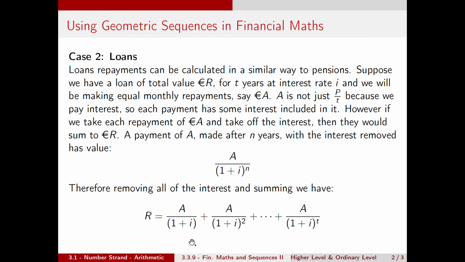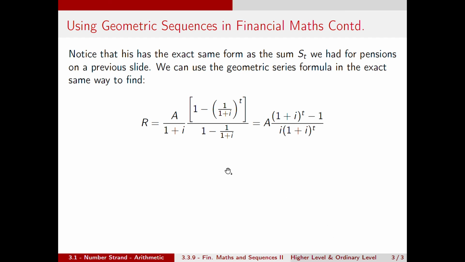So the first term, or small a, if we remember from our sequences and series videos, the first term here is A all over 1 plus I. This larger fraction we have on the top line is 1 minus 1 all over 1 plus I, all to the power of T. So this is our common ratio r raised to the power of n, which in our case n is equal to T. And this is all over 1 minus 1 all over 1 plus I, where again this is our common ratio.